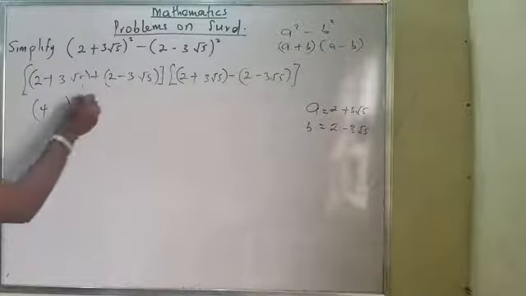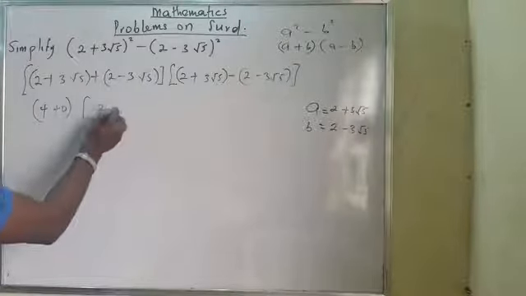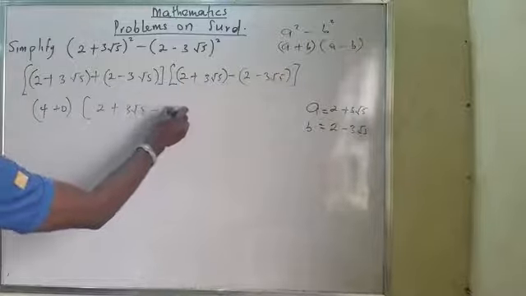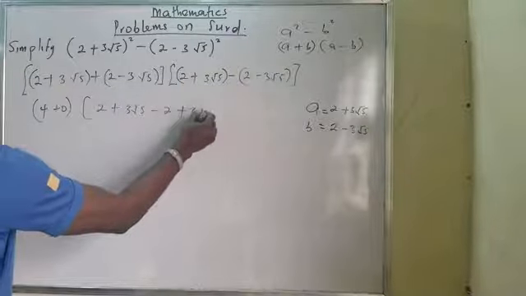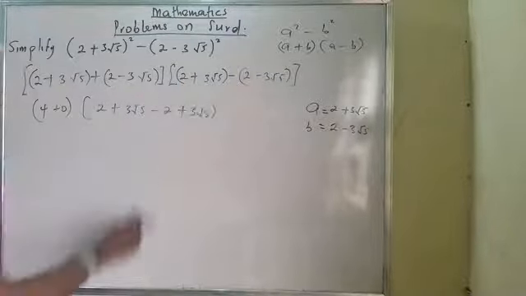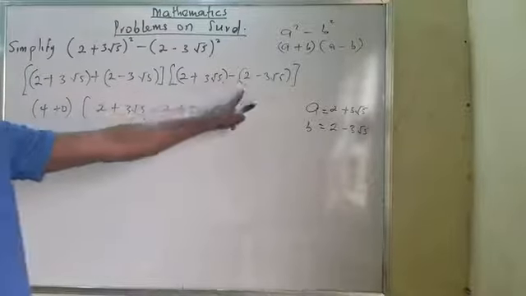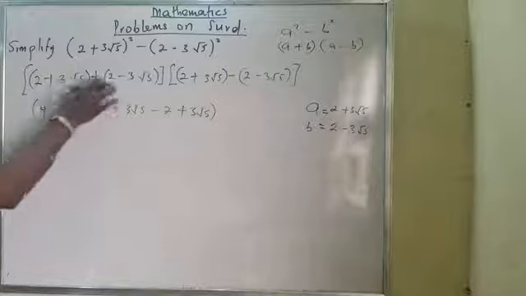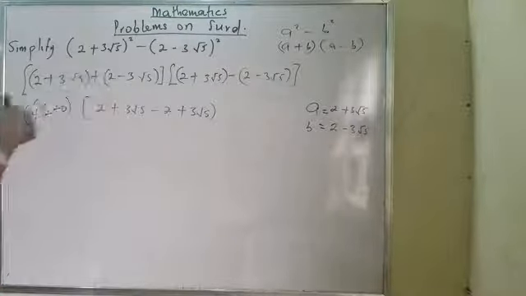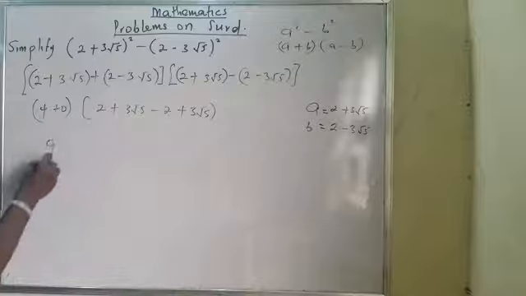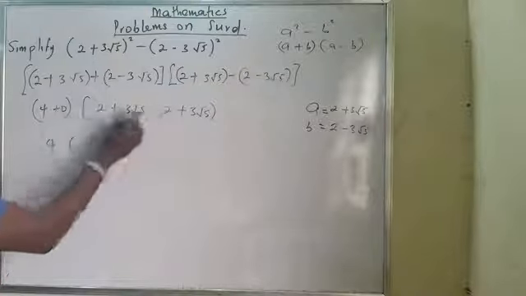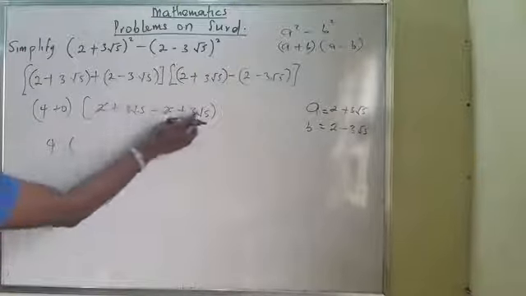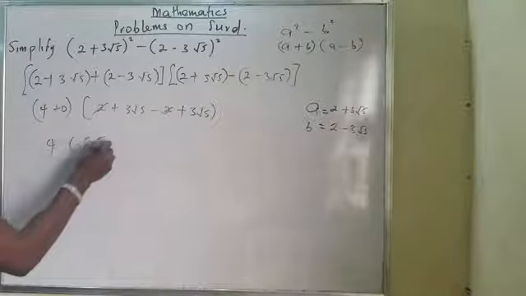Don't forget that this other side will be 2 plus 3 root of 5 minus 2 plus 3 root of 5. Because of the minus, we affect this side, and the minus will not have any implication. Now, 4 into bracket of this and this will move out. This and this will be 3 plus 3, which is 6 root of 5.